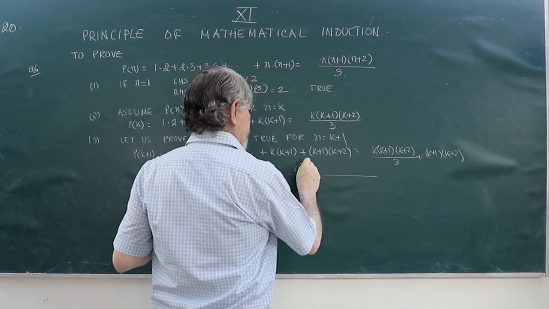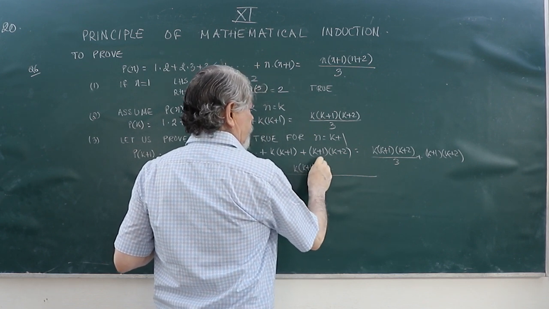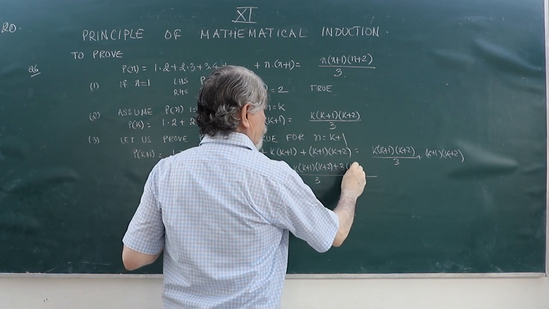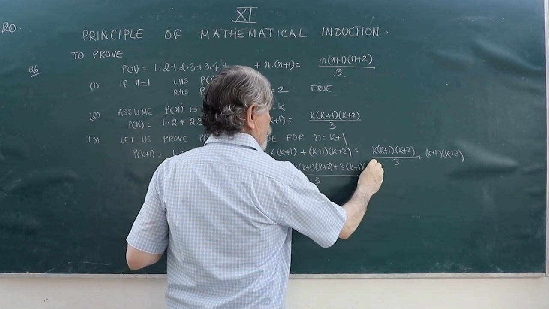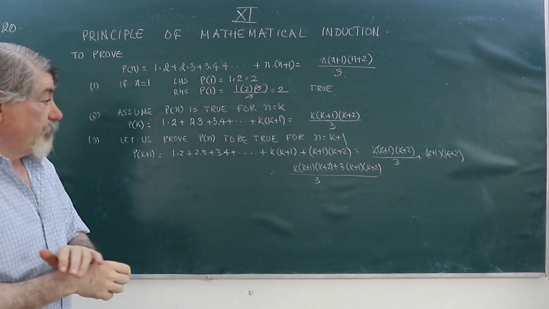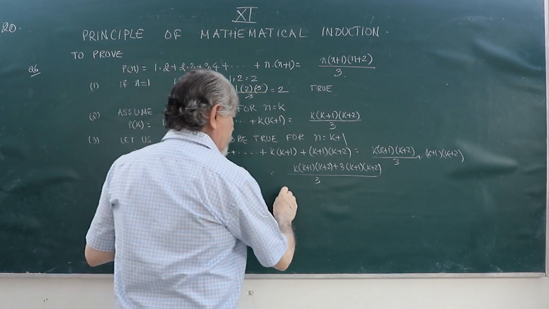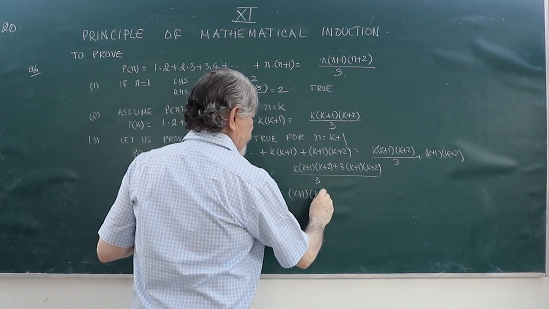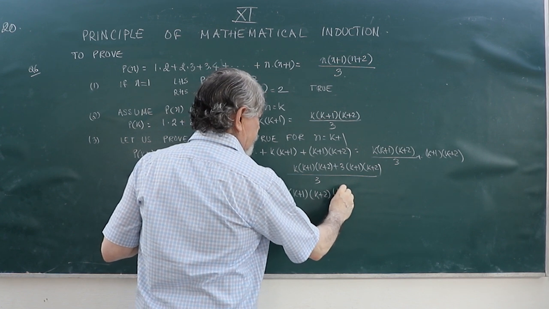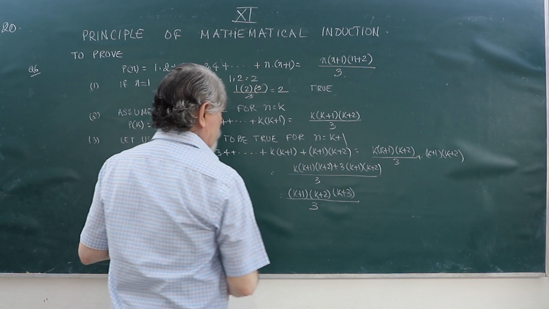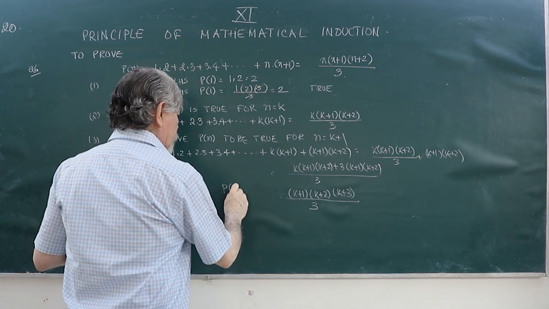It will become k into k plus 1, k plus 2, plus 3 into k plus 1, k plus 2. Now you can see that k plus 1 and k plus 2 are common in the numerator. K plus 1, k plus 2 is taken out common. What will be left? K plus 3 upon 3. So Pk plus 1 is equal to this.